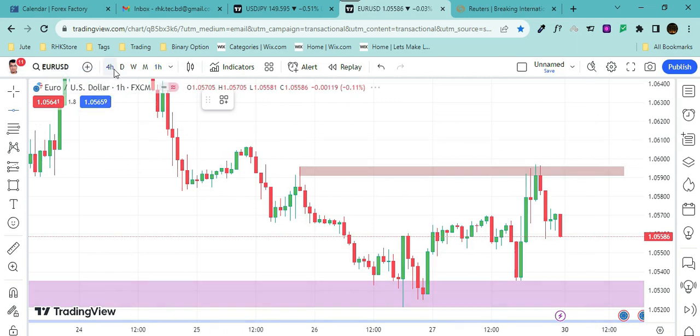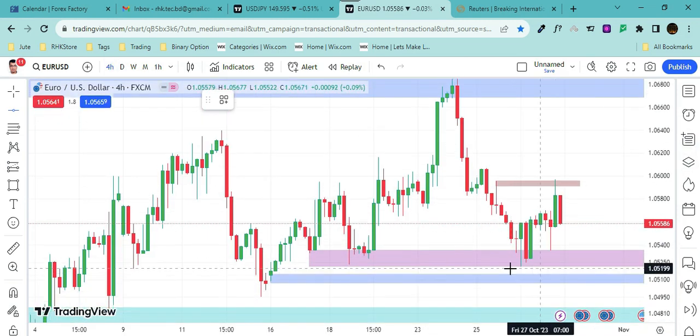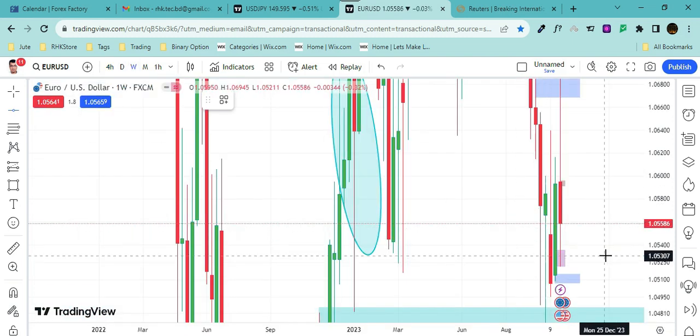Going back to 4 hours now, I have already mentioned very clearly that we have a zone here.